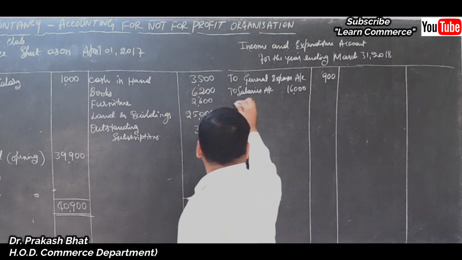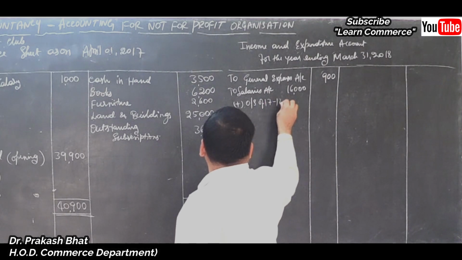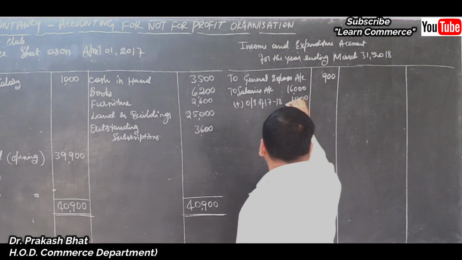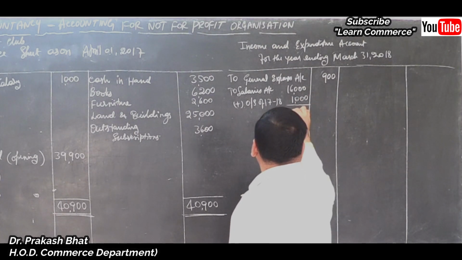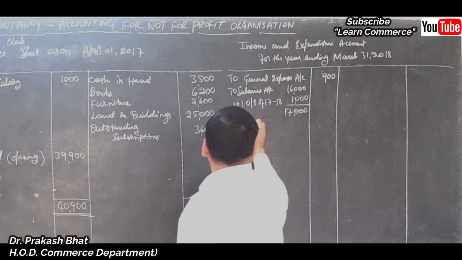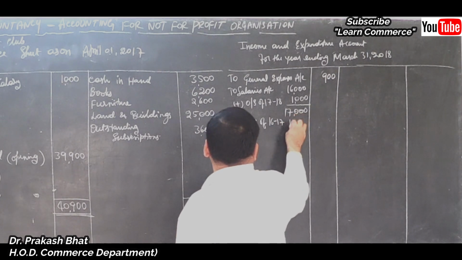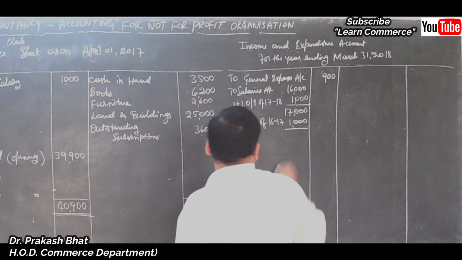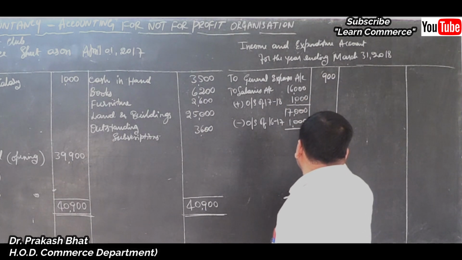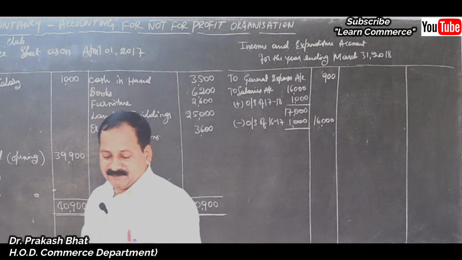Add outstanding of 1,000. Add it together. Write the total 17,000. Now minus outstanding of 1,000. We will land there only where we were, that is 16,000. Correct. 16,000 is the net amount of salaries.